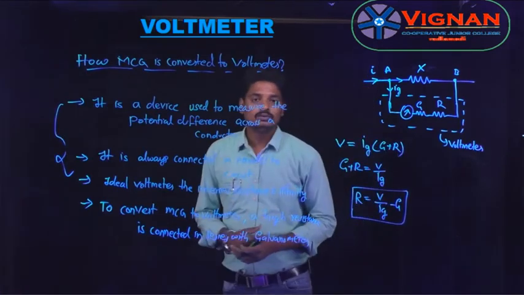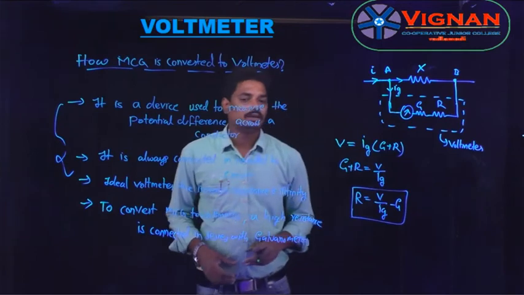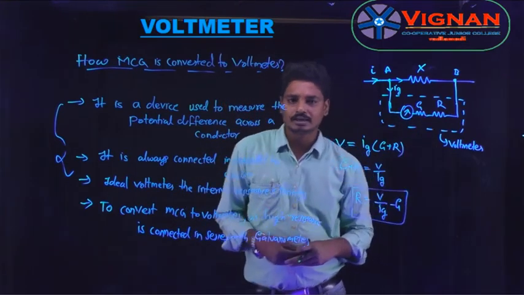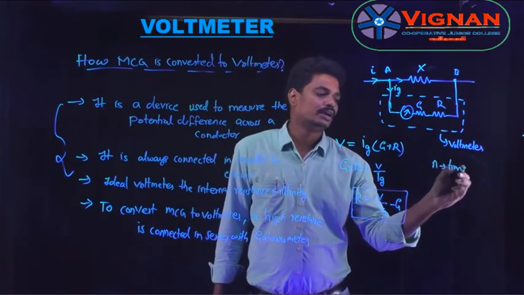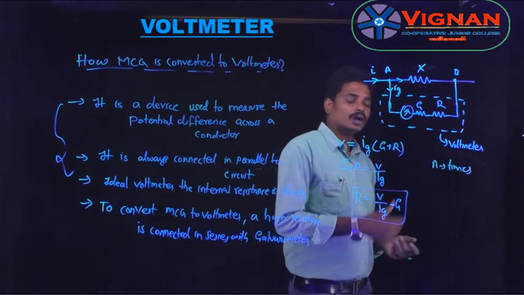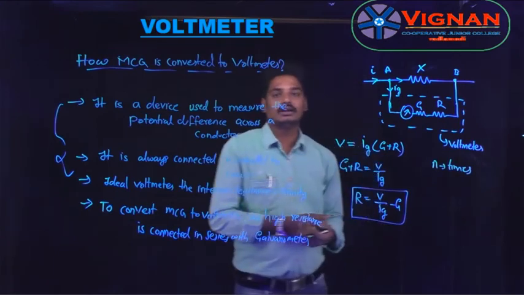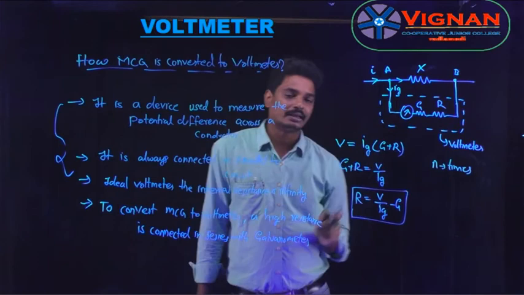Now we need to increase the range of this voltmeter to n times. So we have to calculate what resistance is to be connected in series with the galvanometer to increase the range of this voltmeter n times.